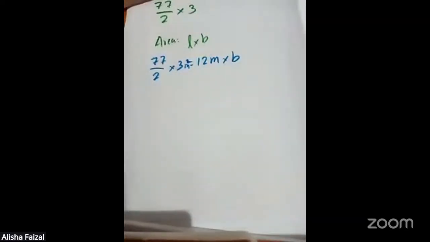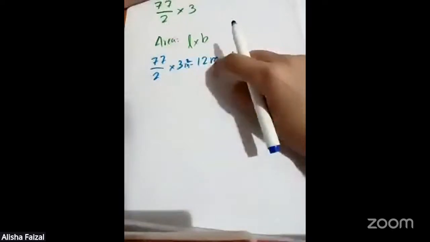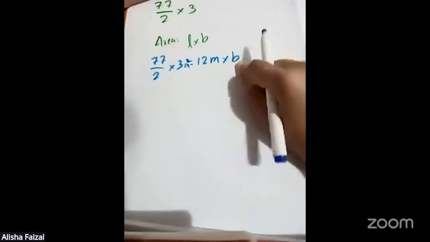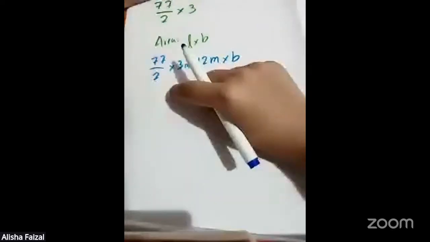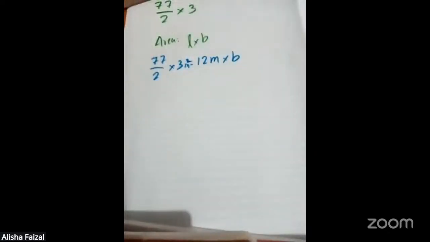Right. Now tell me, here 12 is multiplied with the width or breadth. When you bring it to the other side, what will happen? When multiplication is brought to the other side, what happens?